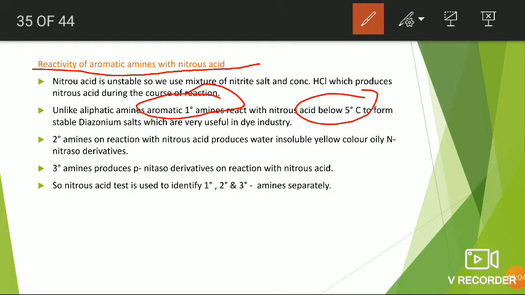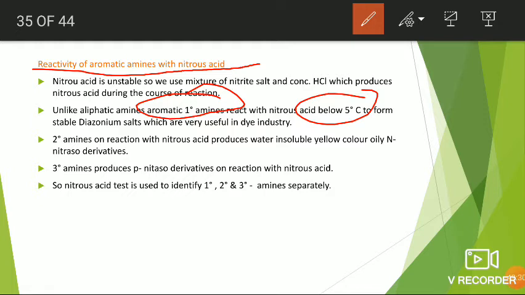On reaction with water, they may convert into phenols or into different compounds with different nucleophiles. So aromatic diazonium salts are generally more stable than the aliphatic diazonium salts due to the existence of resonance between the diazonium group and the benzene ring.